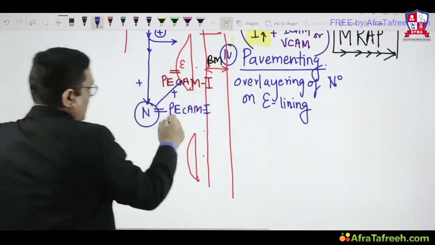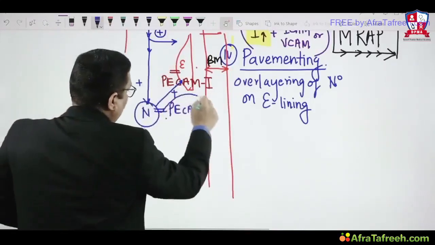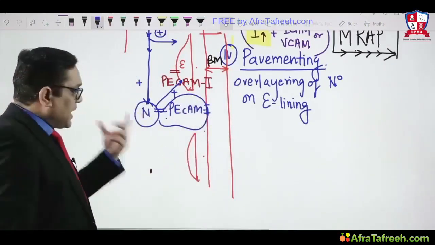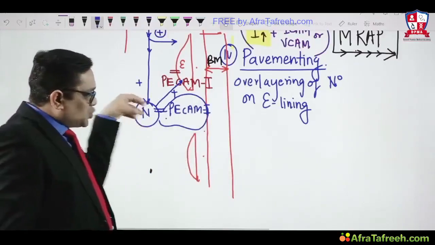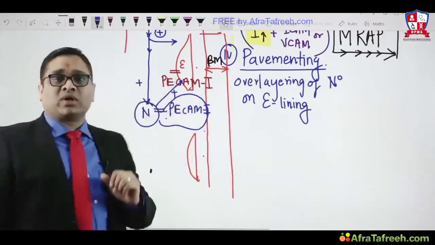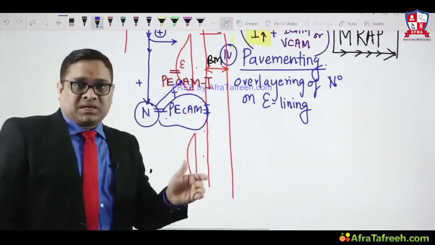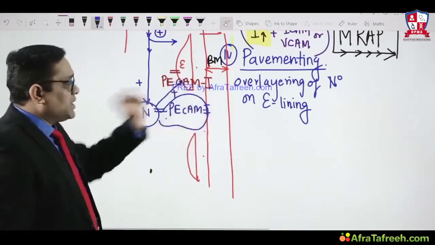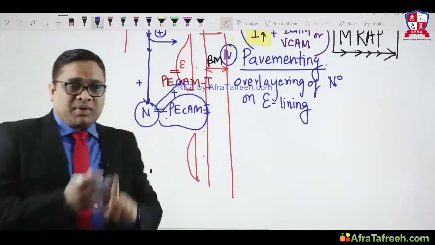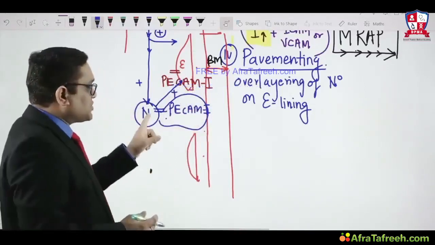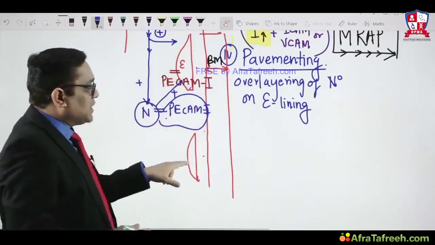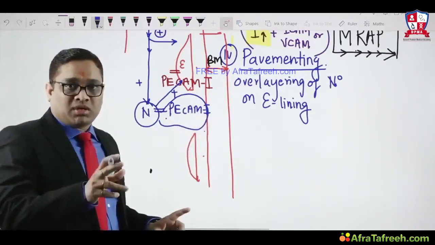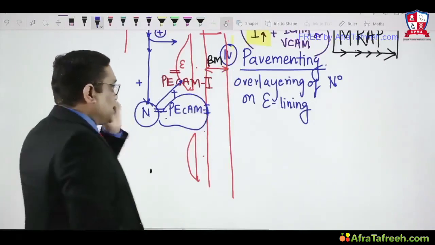Neutrophil will try to squeeze through this gap with the help of PECAM molecule. This process, where neutrophil is squeezing through the endothelial gap, is known as diapedesis. Remember why I have drawn this basement membrane? So that we can understand the definition of diapedesis: transmigration of leukocyte between the endothelial gap, not through the basement membrane. That is the strict definition.